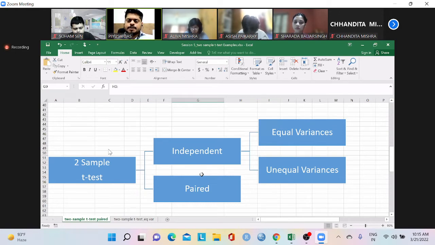Pre-breakfast they check the blood sugar level, then the person takes the medicine, and post-breakfast they check again. Similarly, they do it for 10, 15, 100 or 1000 respondents.